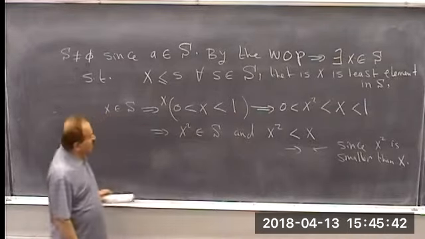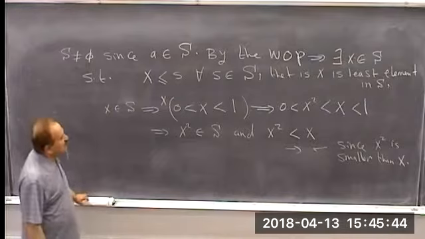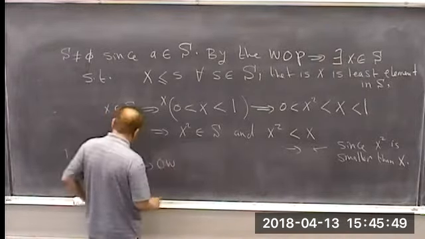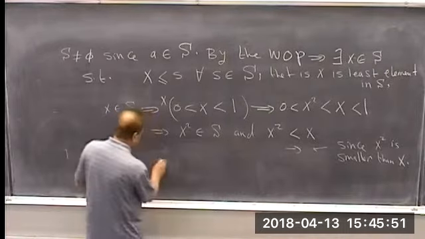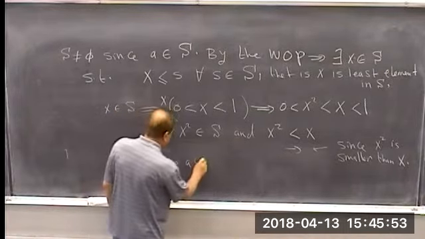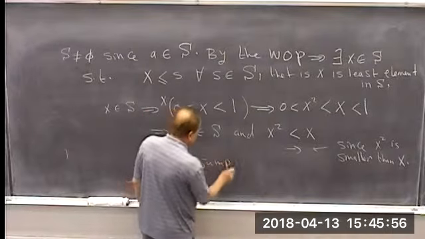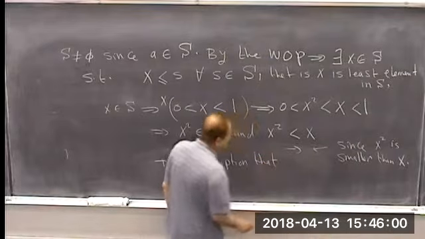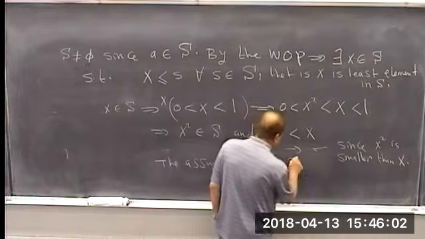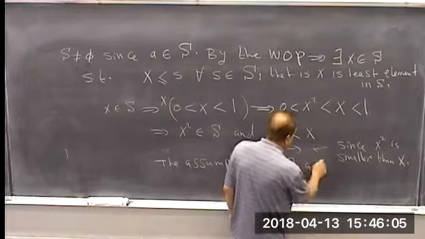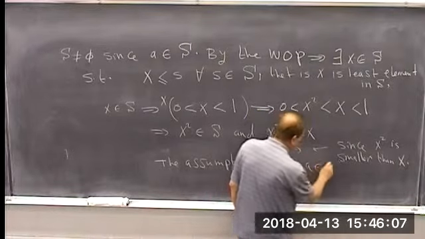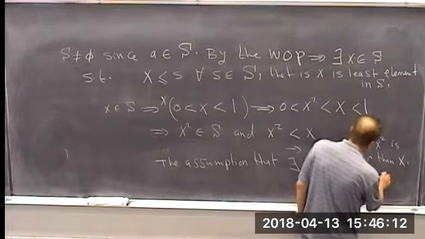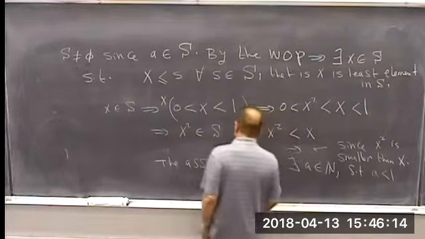Well, if we go back and figure out what did go wrong, this implies that our assumption, that there exists an A in N such that A is smaller than 1, is not true.